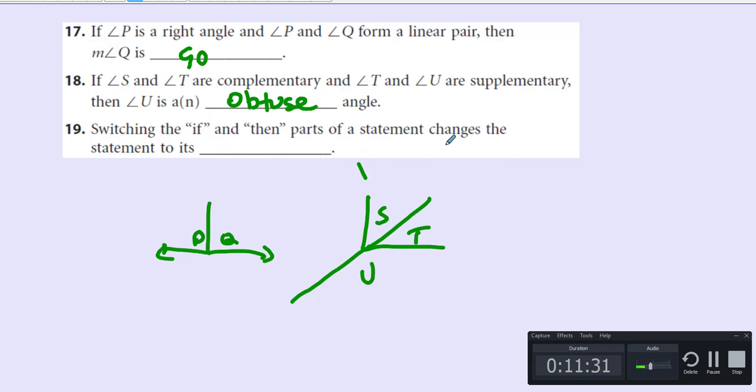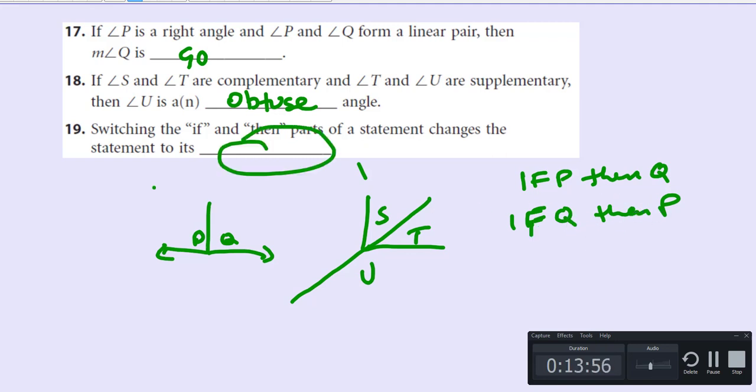Switching the if and then parts of a statement changes a statement to its converse. So we got if P then Q, if Q then P. Oh, that's the converse.